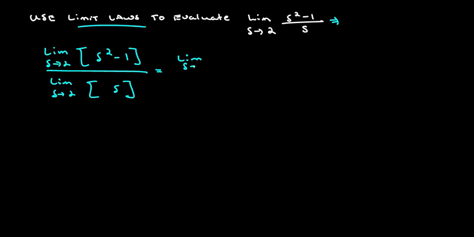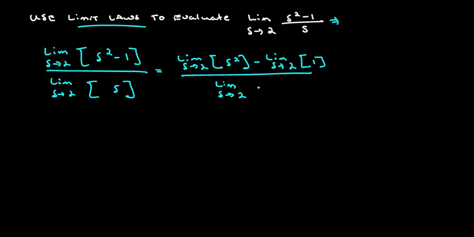The limit as s approaches 2 of s squared minus the limit as s approaches 2 of 1. Okay, now we've got one more split here. This is a product rule.